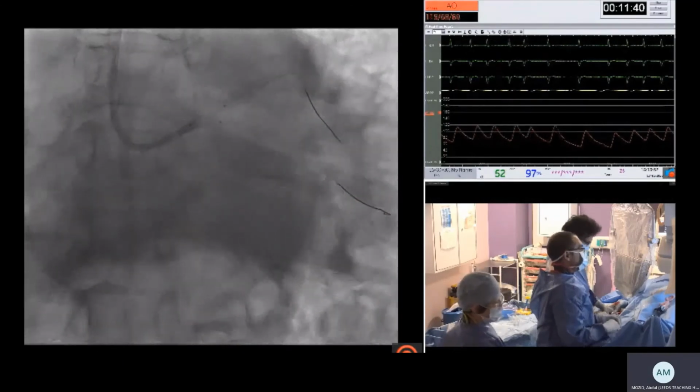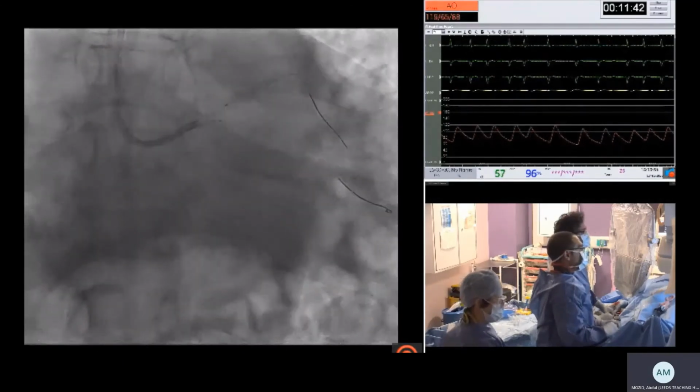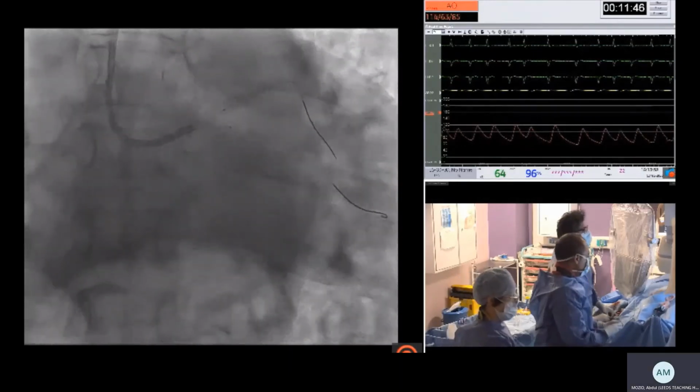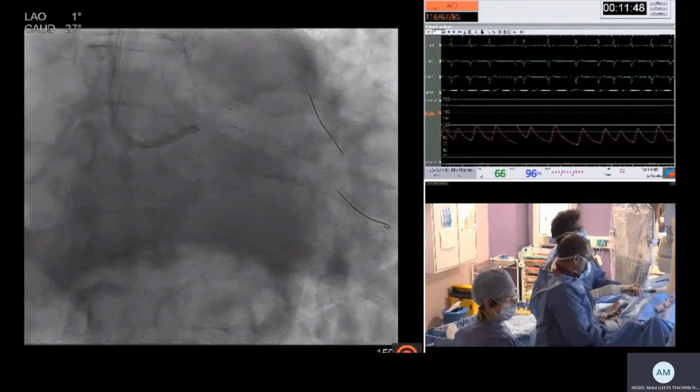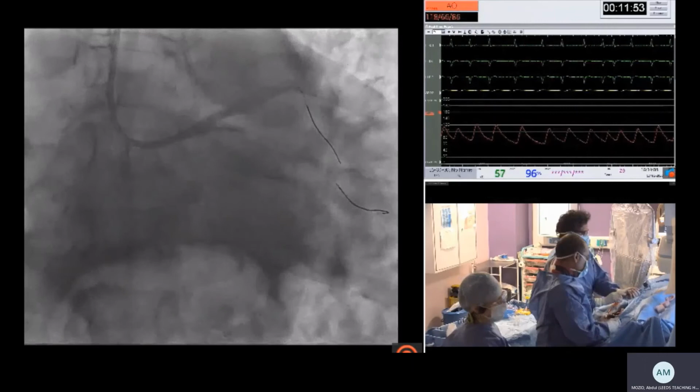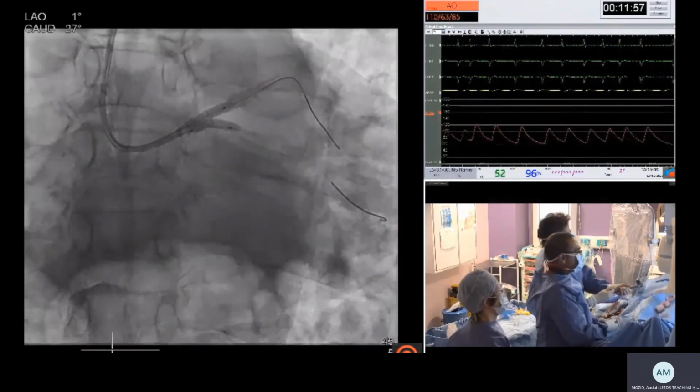So here's the ostium of the circumflex being post-dilated. And here is kissing balloon inflation at nominal atmosphere.